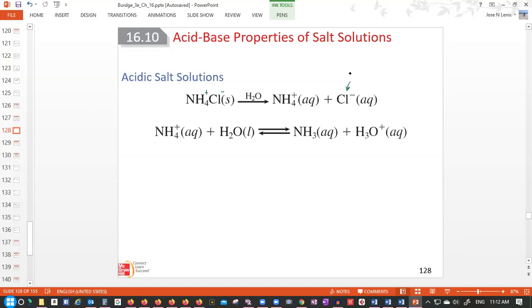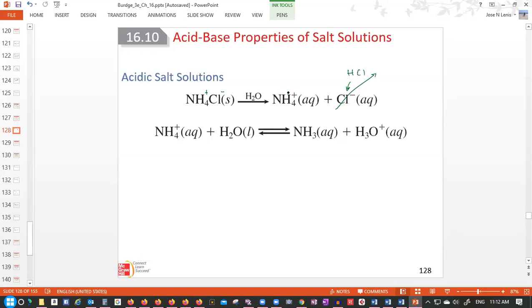Because it comes from a strong acid, HCl. HCl is strong, making a conjugate base too weak to react with water. So this one will not react with water. We don't have to worry about this. This is just a companion in the salt.